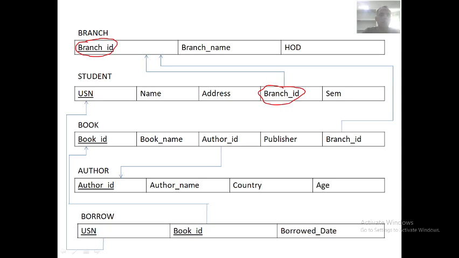Now, don't think that whatever name we have given here, it should be the same. No. You can give it as a BID, or branch ID, or whatever name you like. It does not have to be the same name.